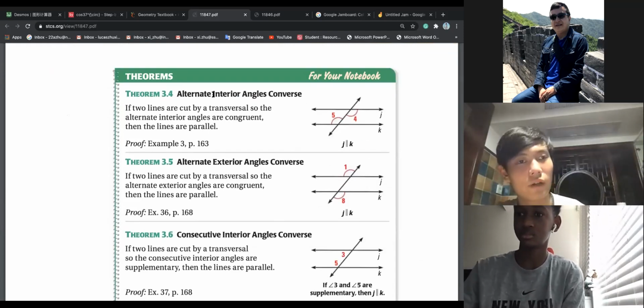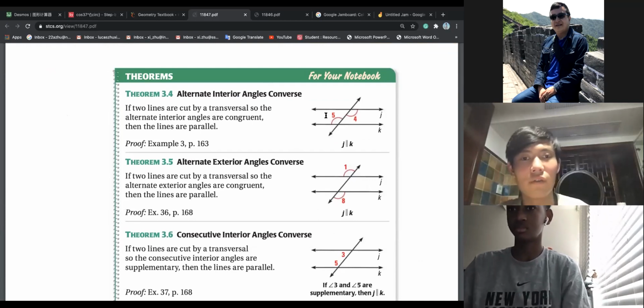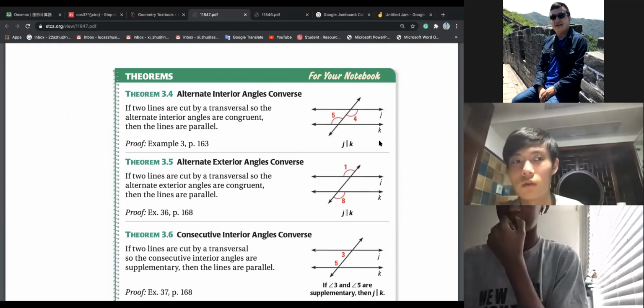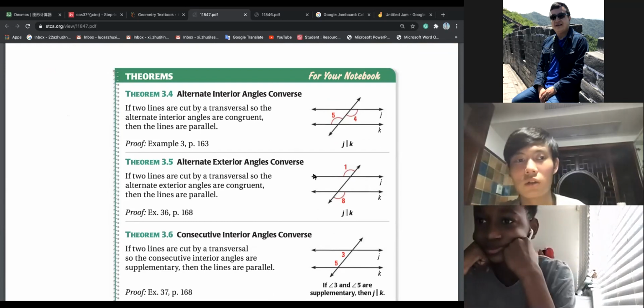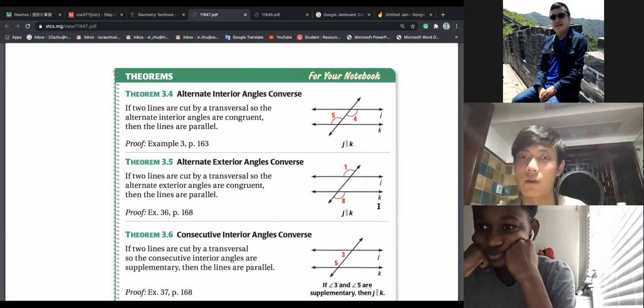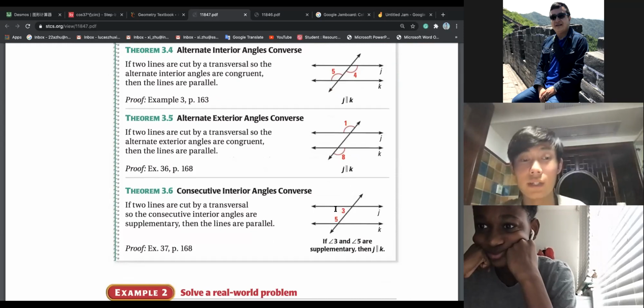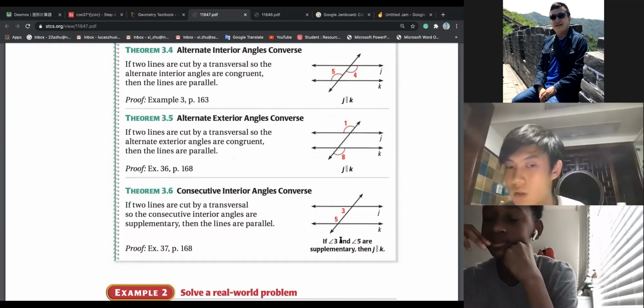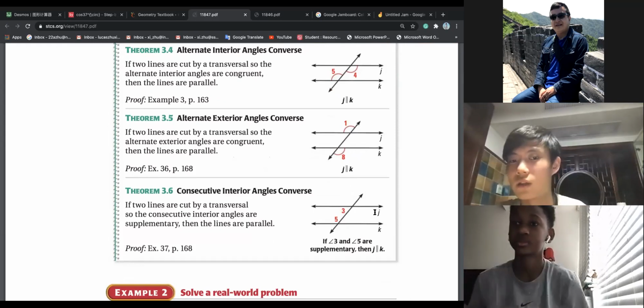See, alternate interior angles: if two alternate interior angles are congruent, then the lines are parallel. Or if the alternate exterior angles are congruent, then the lines are parallel. Or if the consecutive interior angles are supplementary, then the lines are parallel.